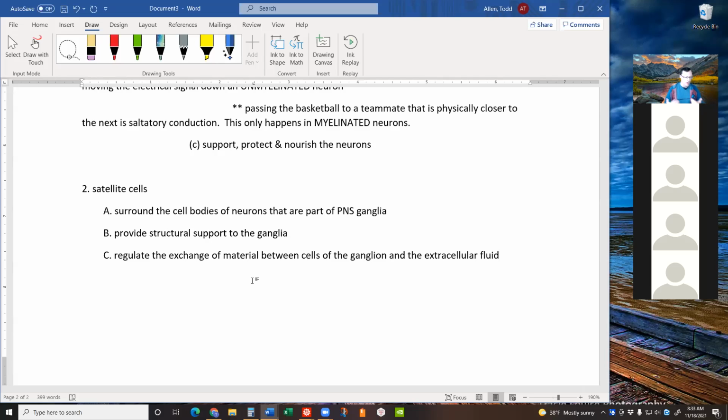A nearby figure for that would be figure 12.10. I'm going to give you a couple quick starting point background pieces of information, and then I'm going to show you some videos here.